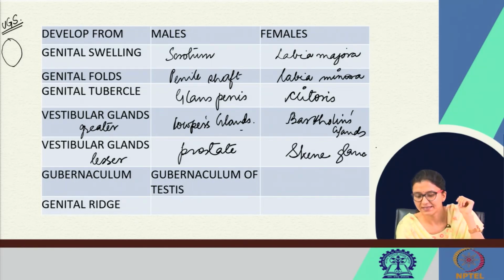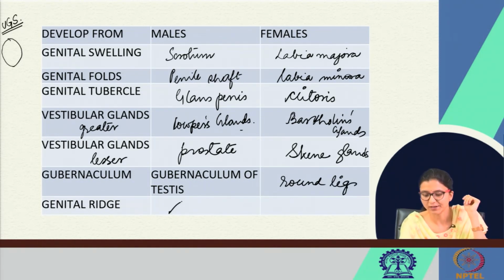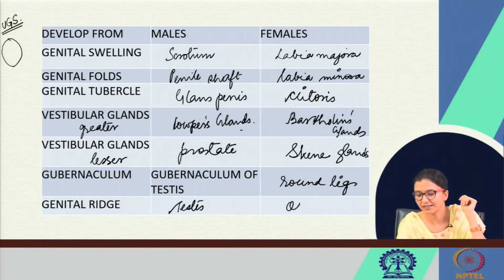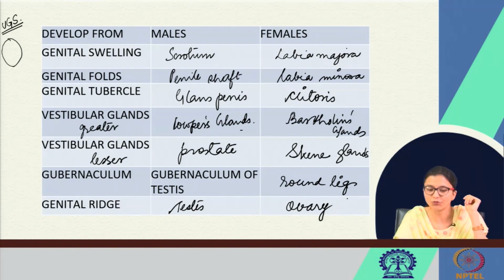Gubernaculum in males, the gubernaculum of testis, in females it will form the round ligament, and the genital ridge in males will lead to formation of testis, in females will lead to formation of ovary, right.